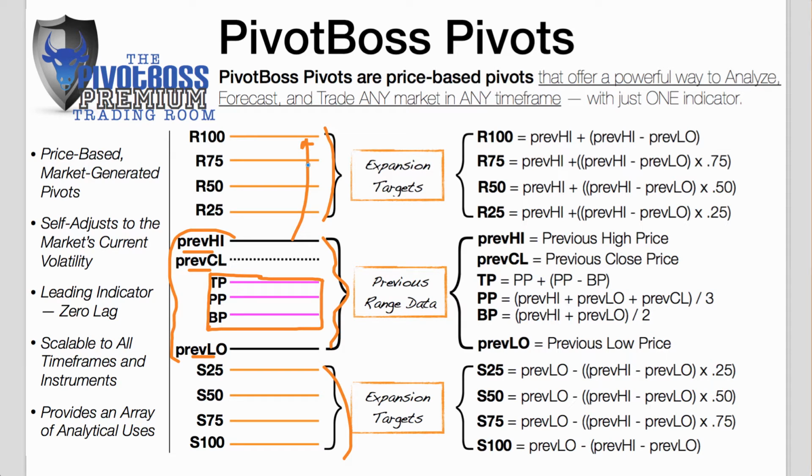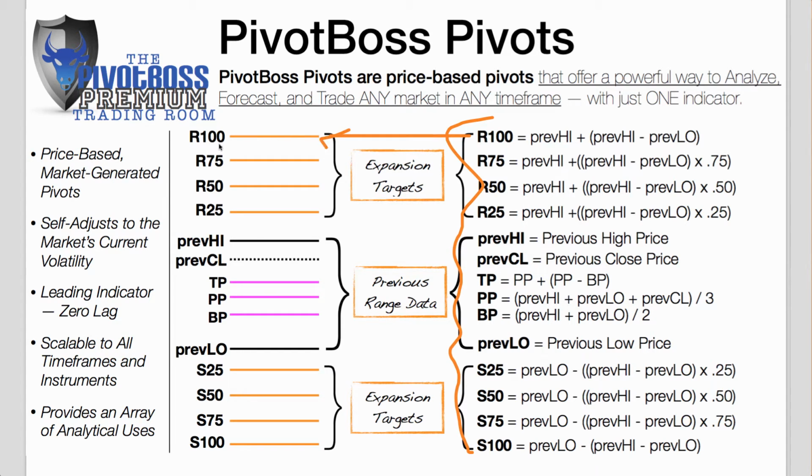These expansion targets are obviously based on the previous range here. So all of these formulas basically tell you what's going on. It's very simple. So in order to get the 100% upside level, which I call R, resistance 100, and S, support 100, you just take the range from high to low of the previous range, and you project that same figure upward and downward, and that gives you the 100% expansion targets.